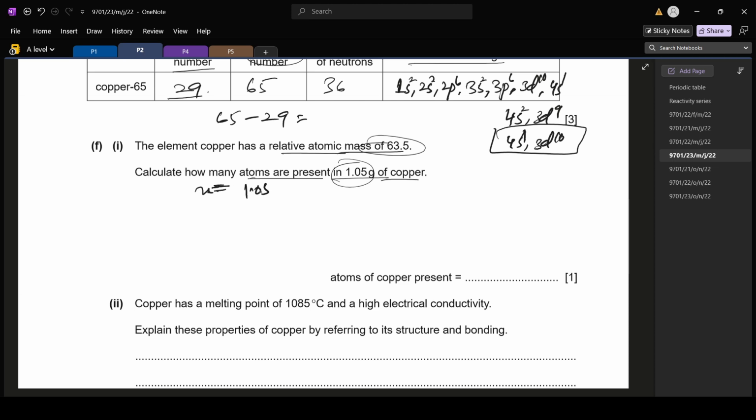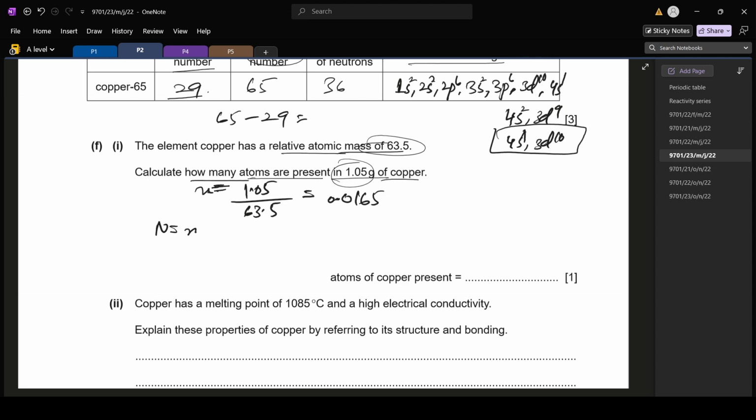So it has a mass of 1.05 divided by 63.5. Okay, so here you will get 0.0165.